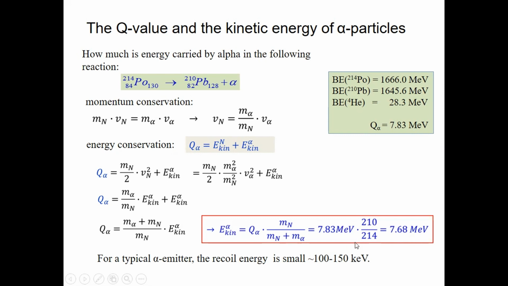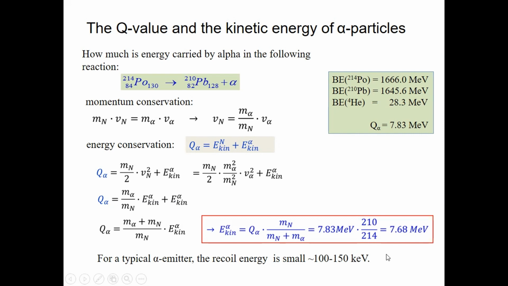And here we can see that if the energy is distributed in this form, the majority of the energy is given to the alpha particle. You can see 7.83 is the Q value in the reaction, and the energy carried by the alpha particle is 7.68. For typical alpha emitters, the recoil energy is small.